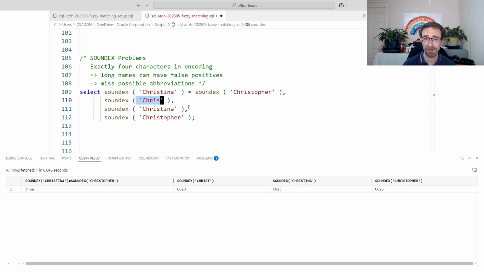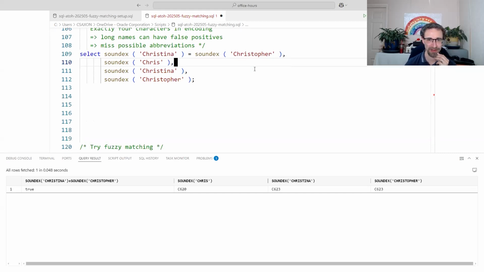We might want to match both of those, and neither of them will, because it doesn't have enough characters or sounded characters to have a full match. So this works in very basic cases, but very quickly falls apart.